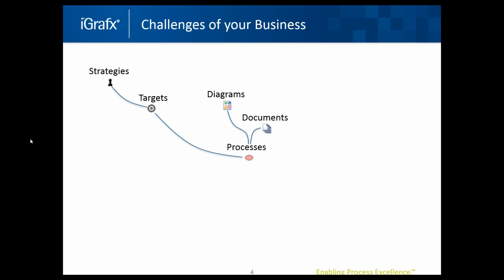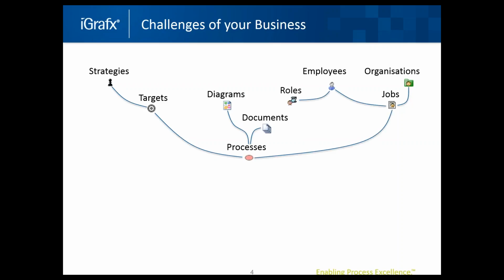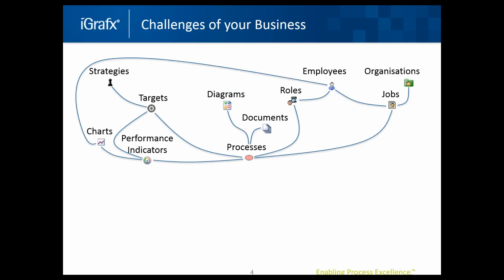Then you have diagrams and documents that are also linked to your process. And you have your organization, jobs, and employees, where their roles and responsibilities are defined and also linked to the processes. Then you have the performance indicators with a chart that shows if you're achieving your targets and how your team is performing.